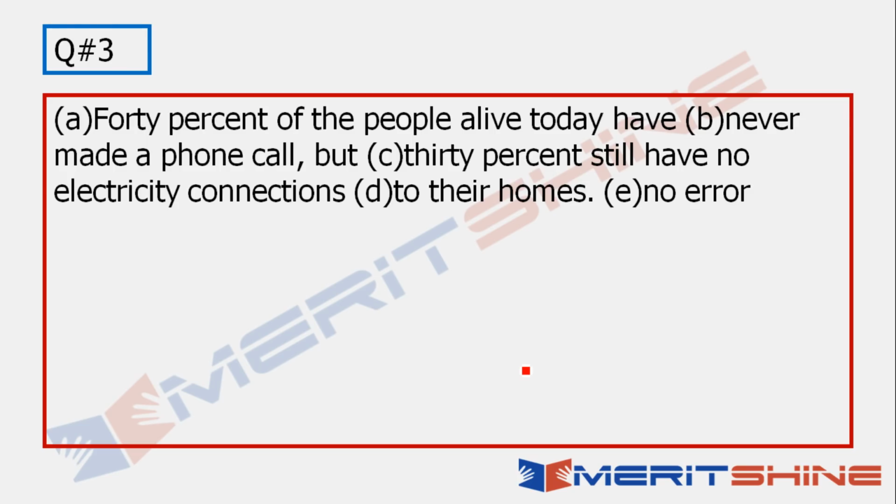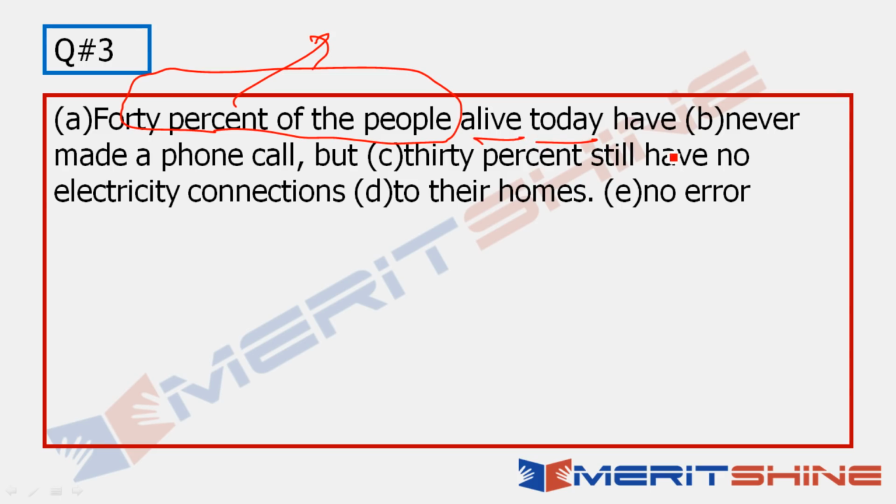40% of the people alive today have never made a phone call. So 40% of the people is the subject. Alive today have never. So it should be agreeing with the subject people. So therefore have is perfectly fine. Have never made a phone call, but 30% still have no electricity connection to their homes. Now if you look at this, before but and after but, what is the tone of the sentence?